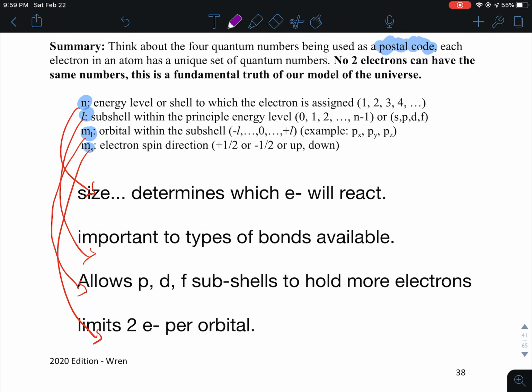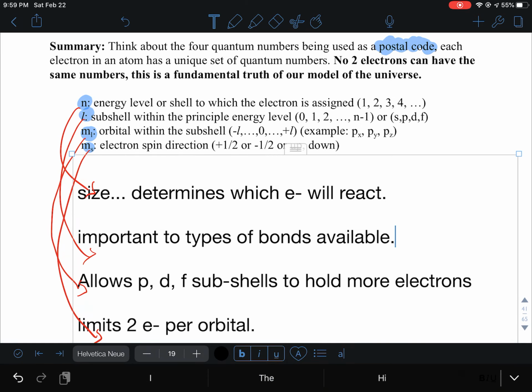But this is the real summary that I want to draw your attention to. Size is determined by n. So it determines which electrons will react most of the time. L is the shape number.